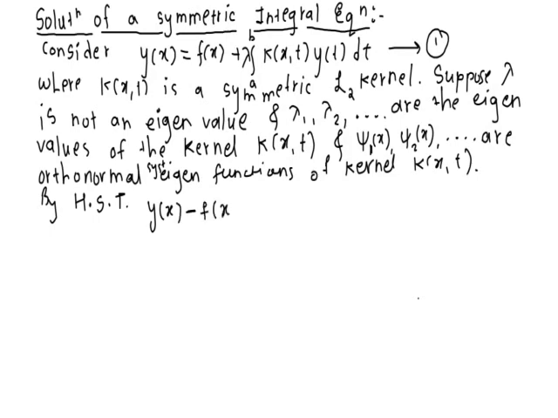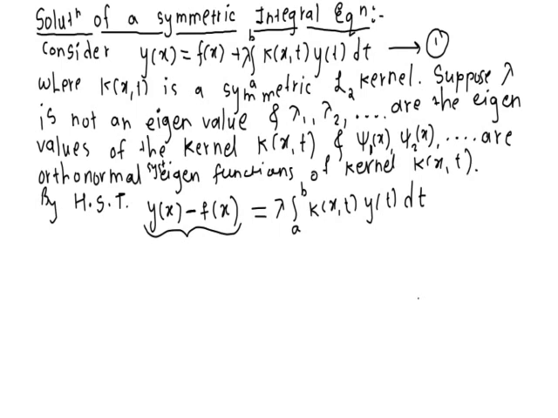We have a function which is y of x minus f of x. So this full function is of this form, lambda times integral from a to b k(x, t) y(t) dt.